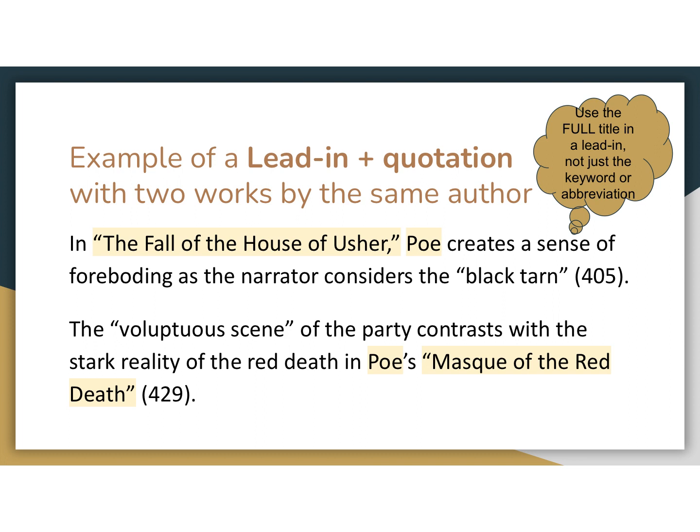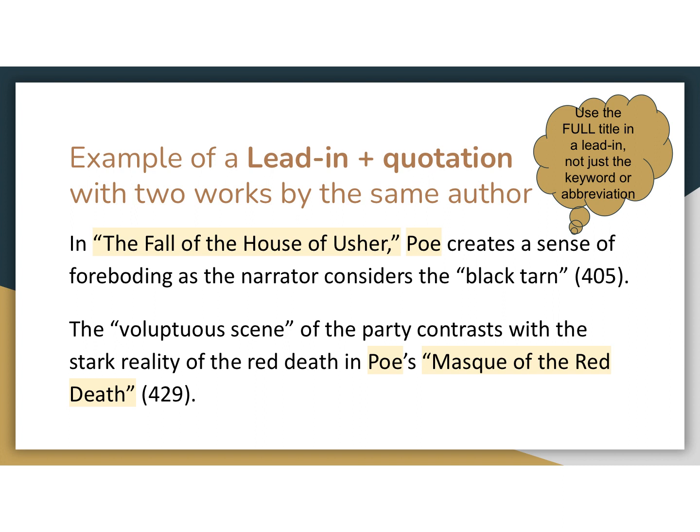So we're not going to abbreviate with just Fall and Mask. We're actually going to use the full title and the author's name as the lead-in. So in The Fall of the House of Usher, Poe creates a sense of foreboding as the narrator considers the black tarn. Then we have our page number that follows.